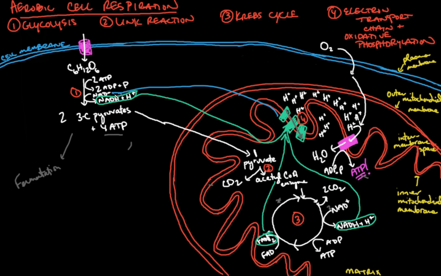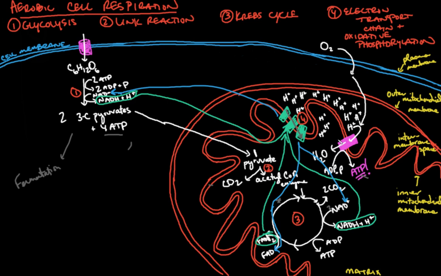So they return back here in their oxidized form, NAD+, or they return back here to NAD+, or they return here as FAD in their oxidized forms, picking up new hydrogens that are coming from the next glucose molecule.